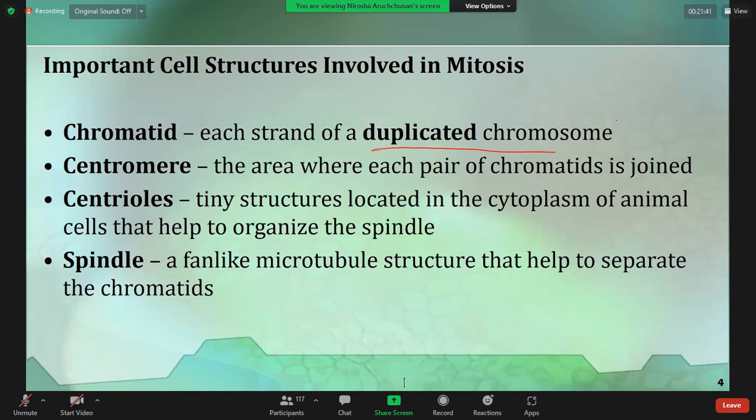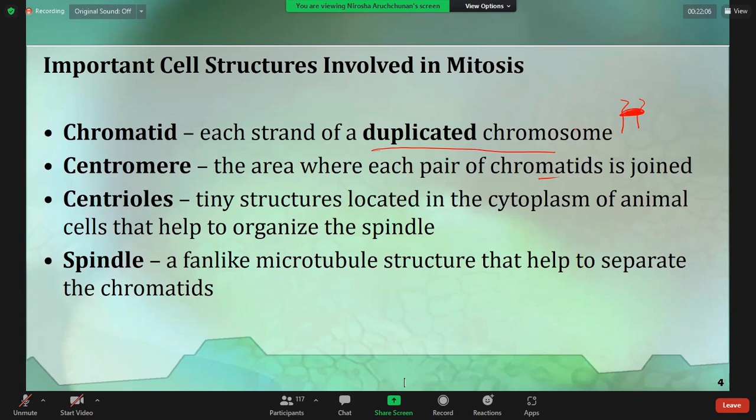The centromere is the area where each pair of chromatids join.